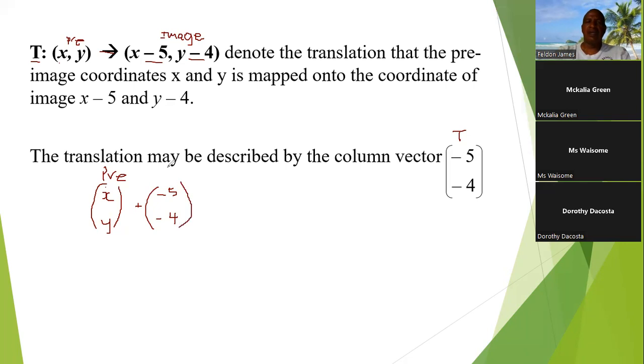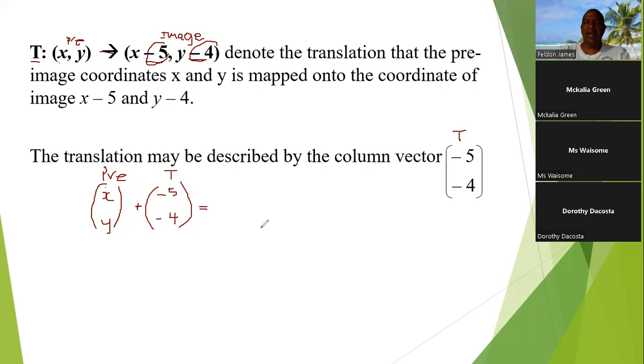And so this would be your translation vector, which represents these two numbers here. And then once you add those, you add just in the same way as you're doing with matrices. You are treating it like a matrix, so you add corresponding elements.